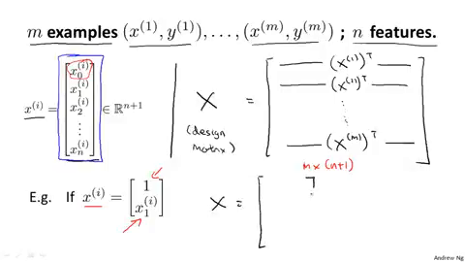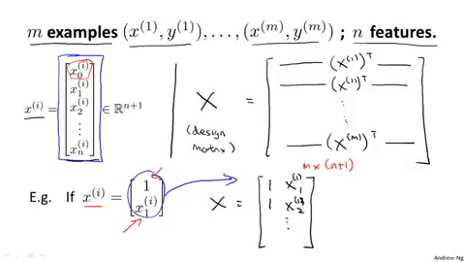For the first row, I take this and take its transpose, so I end up with 1 and then x1(1). For the second row, I end up with 1 and then x1(2), and so on down to 1 and then x1(m). Thus, this will be an m by 2 dimensional matrix. So that's how I construct the matrix X.